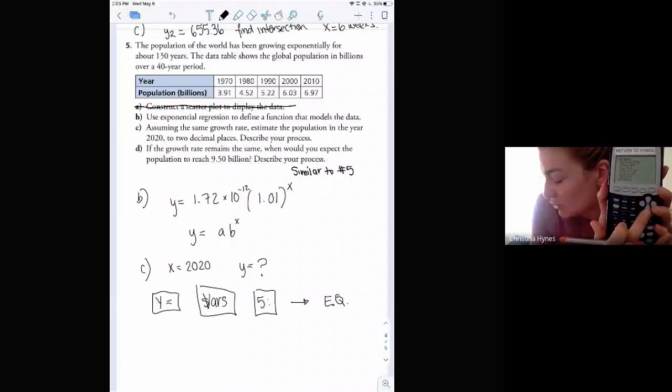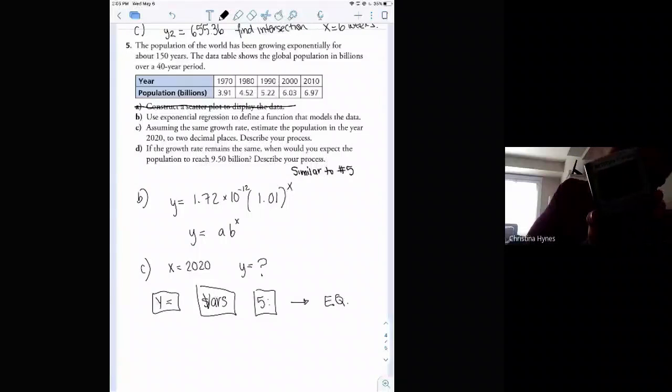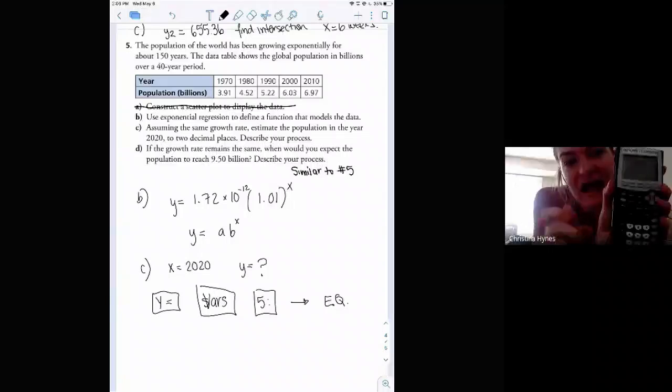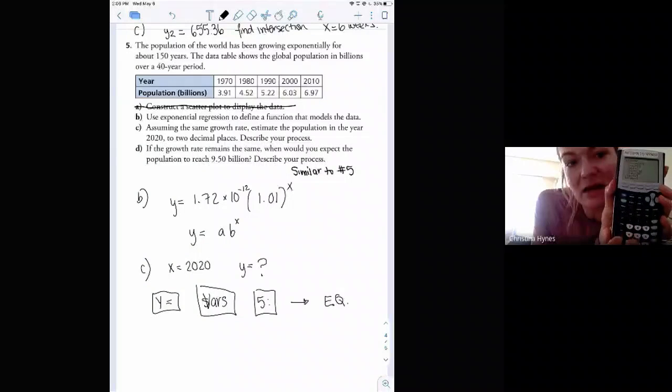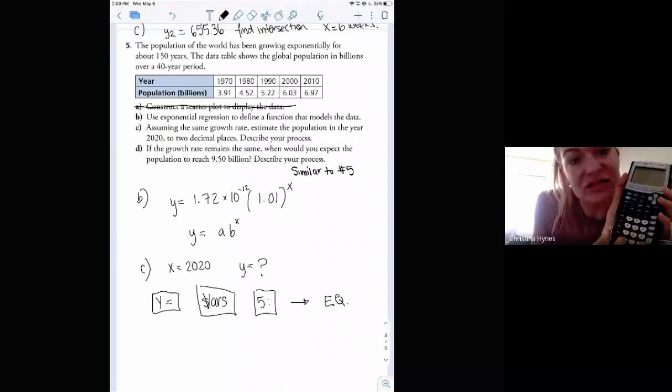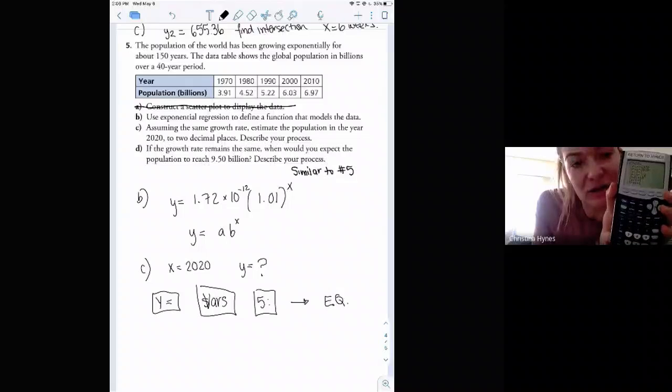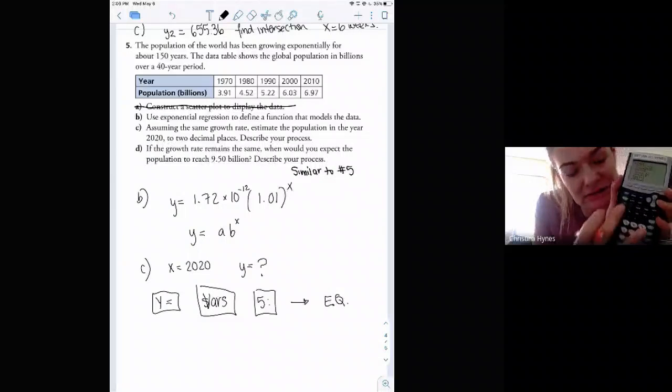But because my question says that I want to solve for the year 2020, I need to go above 2010, which is from my chart. So my chart goes up to 2010, but I want to go higher than that. So I'm going to make this slightly higher. I'm going to go up to 2030, so it doesn't cut my value off. So that's my X values.